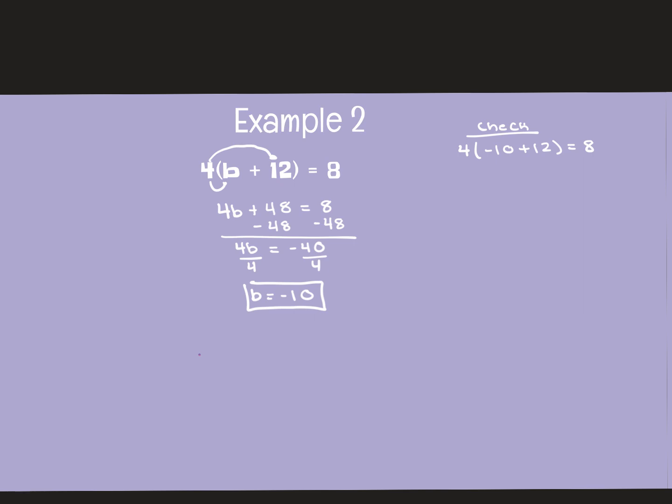In parentheses, using order of operations, negative 10 plus 12 gives me positive 2. 4 times 2 gives me 8. 8 is equal to 8. So yes, b equals negative 10 is my solution.